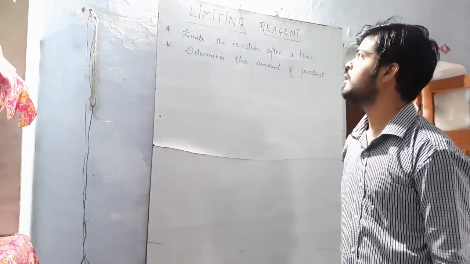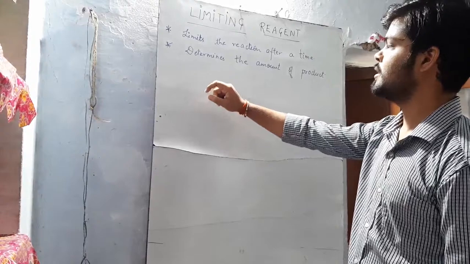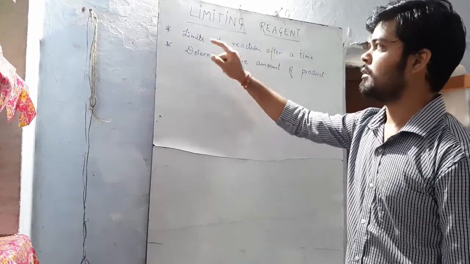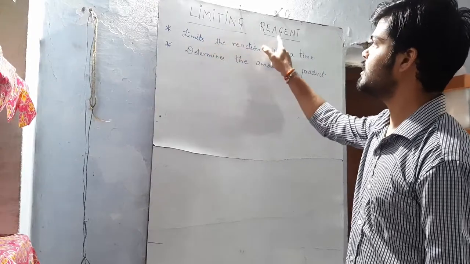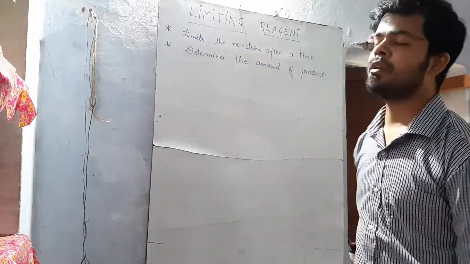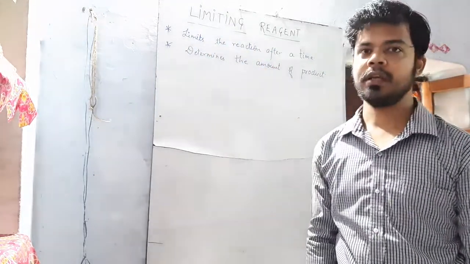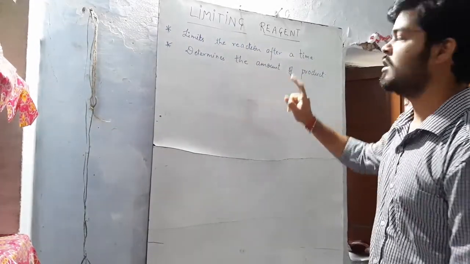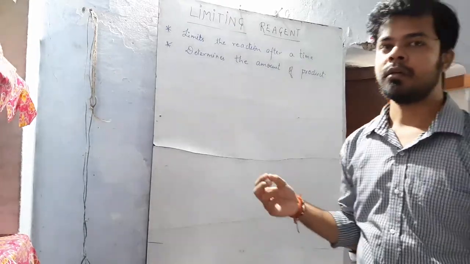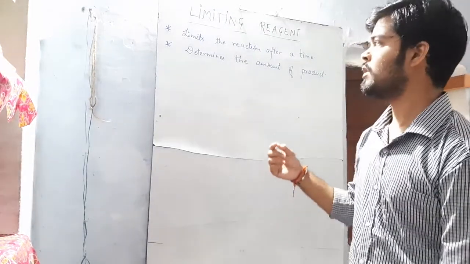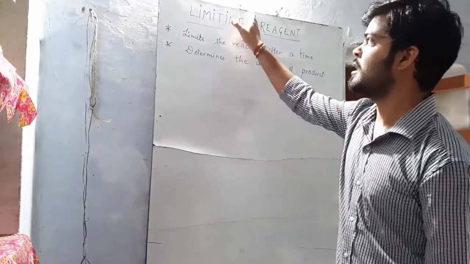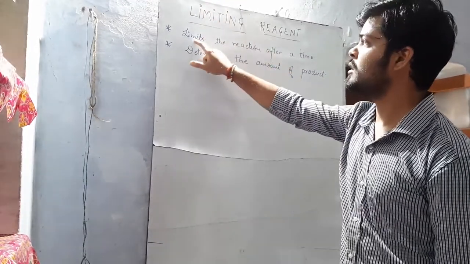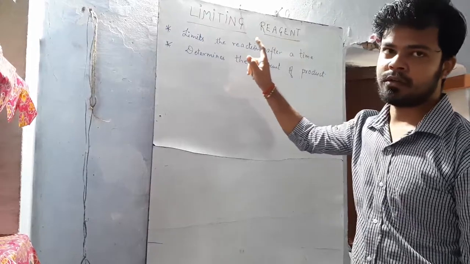So before understanding the concept of limiting reagent, first note these 2 points that have been written here. The first one is that the limiting reagent limits the reaction after a time. And the second point is that it determines the amount of product formed in a reaction. As the name suggests, this reagent limits the rate of reaction.